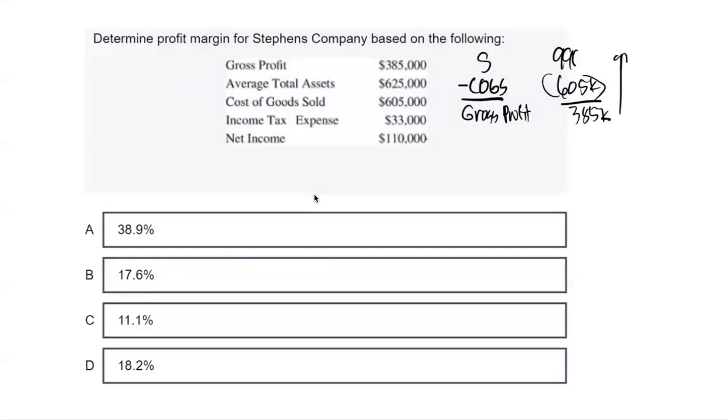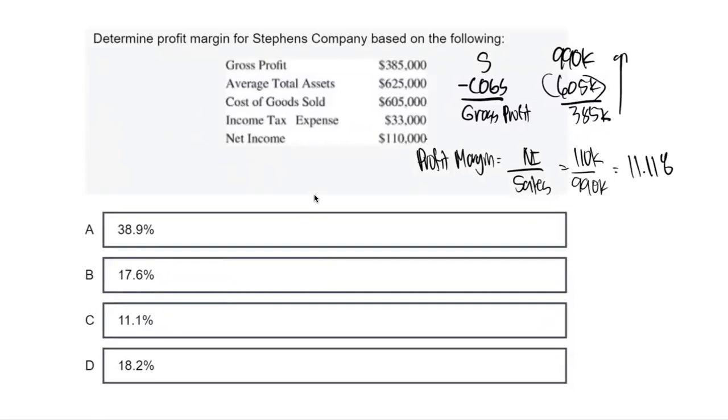Very good. Our net income is 110 divided by 990. Ang profit margin natin ay magiging 11.1.